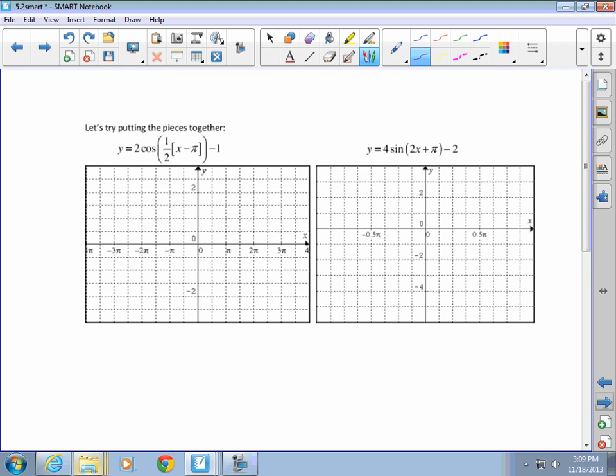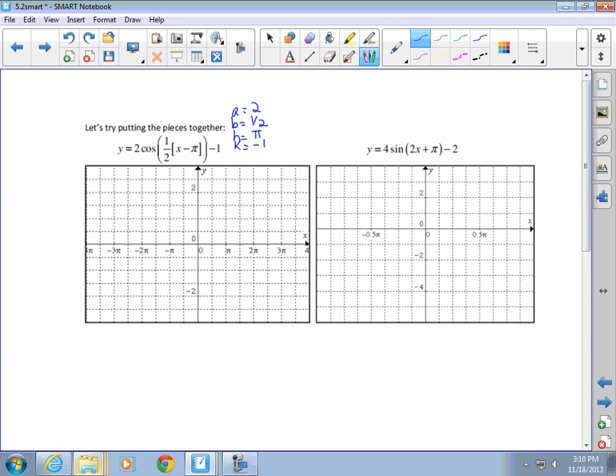Okay, so now it says let's try putting the pieces together. Now we're going to add in our amplitude and our B value, which is going to affect our phase shift, and also it's going to affect our key points as to where we're going to put them in the period. So if I look at this, my A value is equal to 2, my B value is equal to 1/2. Inside here, your H is pi, and your K is -1.